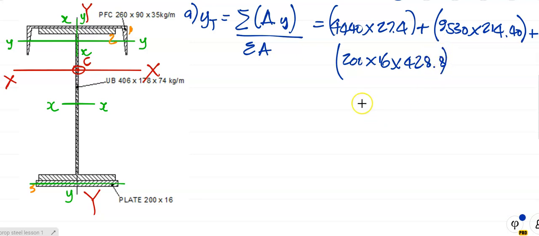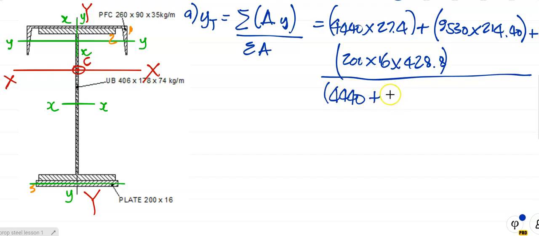Okay, 428.8, divided by the total area of the cross section. So 428.8 is 16/2 plus 412.8 of the I section plus 8 millimeters of the thickness of the web of the channel, divided by the total cross-section area, so it's this plus that plus that: 4440 plus 9530 plus 200 times 16, which is 3200.